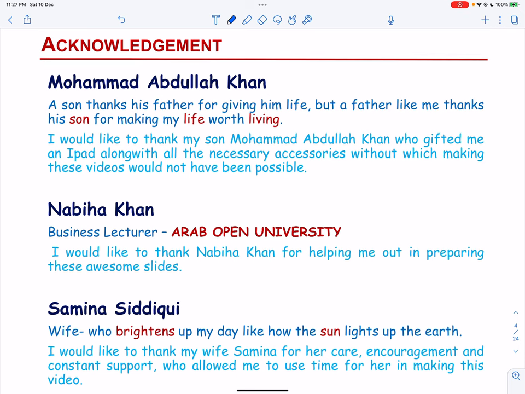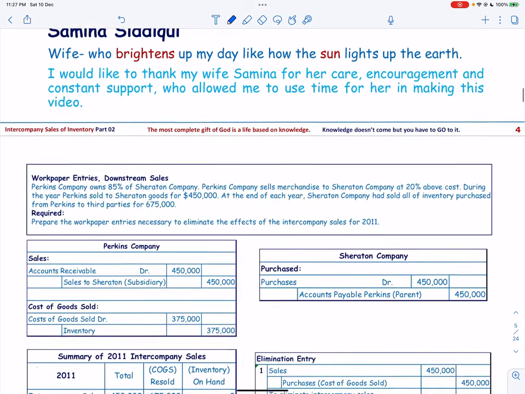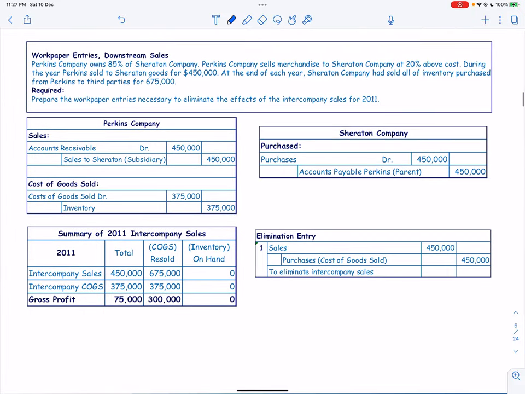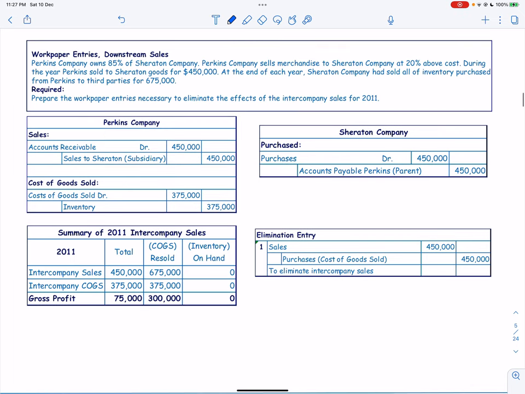Let us start with solving a simple exercise on work paper entries in case of downstream sales. Perkin Company owns 85% of Sheraton Company. Perkin Company sells merchandise to Sheraton Company at 20% above cost.